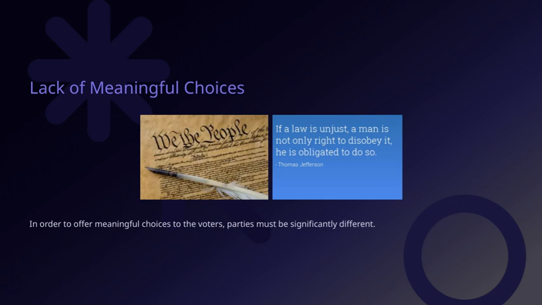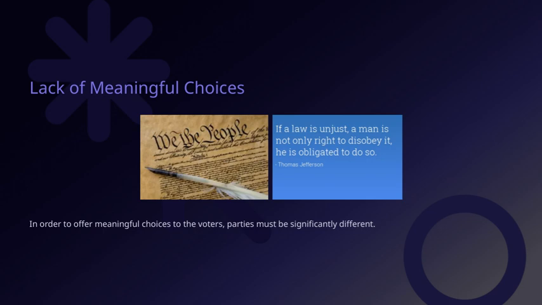When parties are too similar, voters don't really have a genuine choice. They might feel like their vote doesn't matter because the options are essentially the same. That's what we mean by a lack of meaningful choices. If the options are indistinguishable, the whole democratic process loses its vibrancy and purpose.